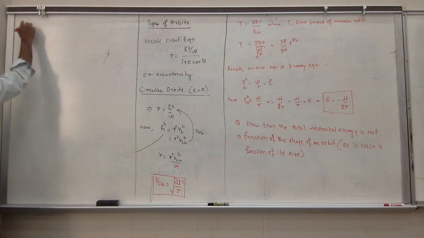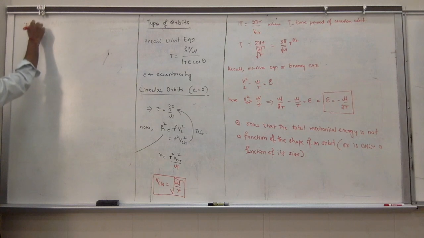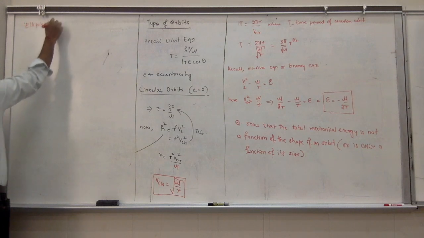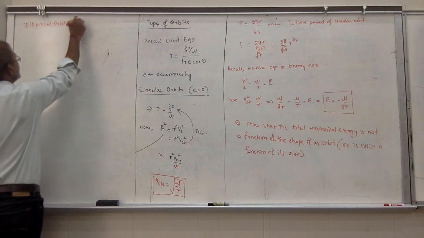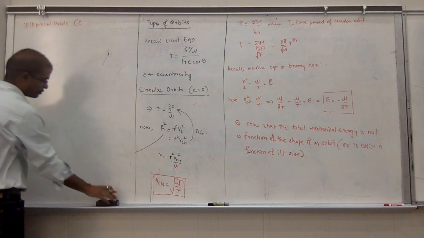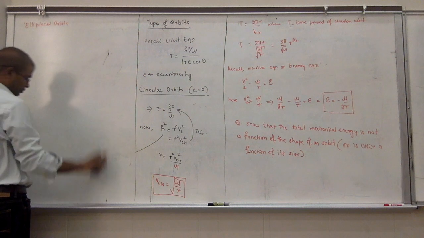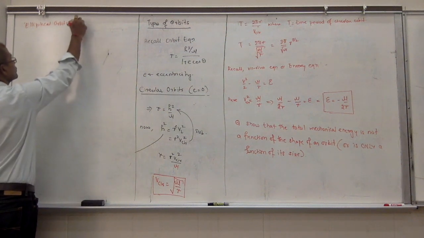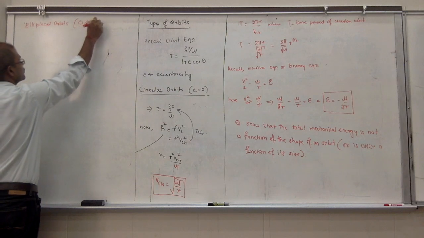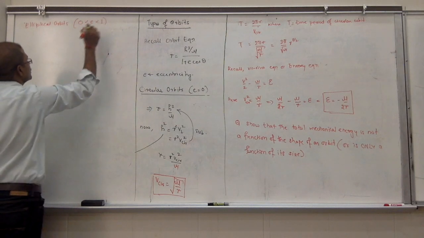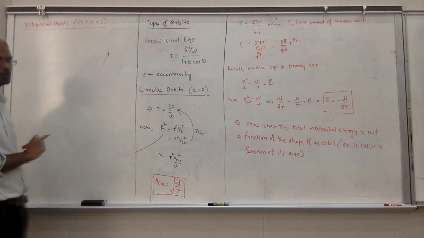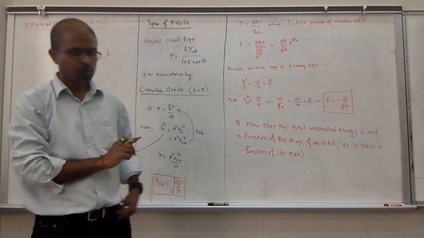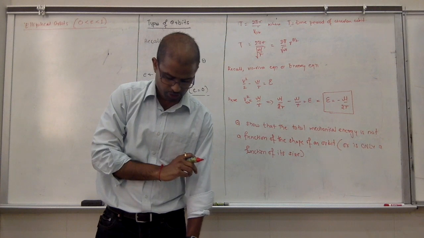Now, when we're discussing elliptical orbits, e varies from 0 to 1. Between 0 and 1, the orbits are elliptical.